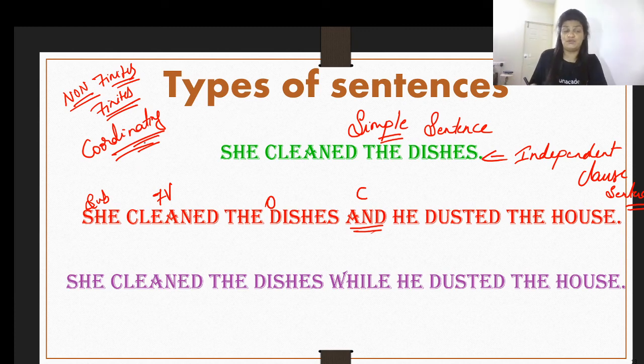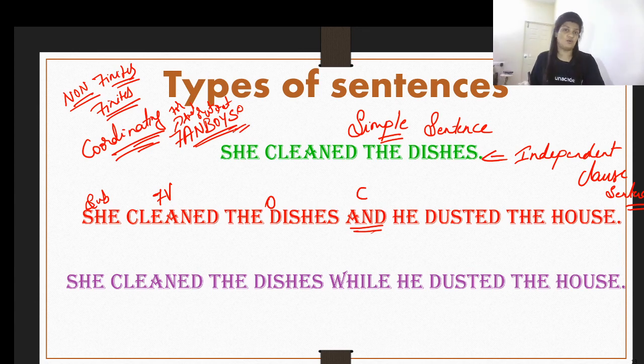So like I told you, coordinating conjunctions. What are coordinating conjunctions? The ones which are represented by FANBOYS. This is an acronym for all the coordinating conjunctions, where F stands for for, A for and, N for nor, B for but, O for or, Y for yet, and S for so.